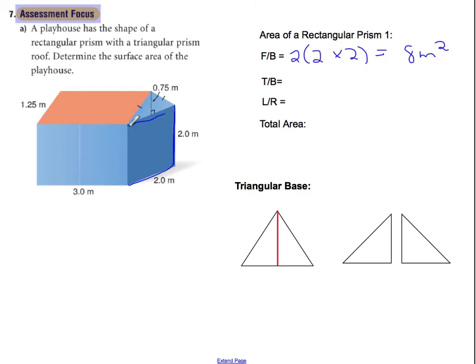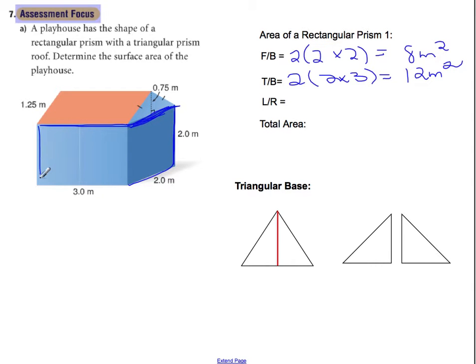My top is going to have a dimension of 2 meters by 3 meters. And I have 12 meters squared. And then I have a left and a right. So here's my left.